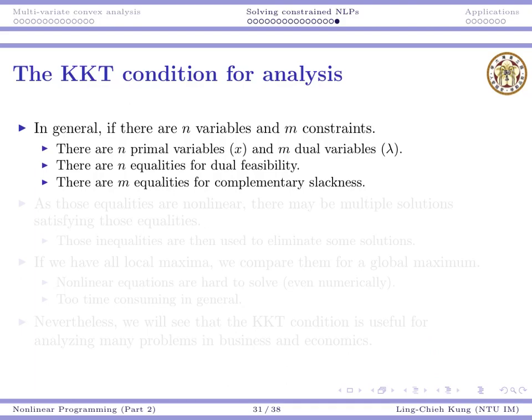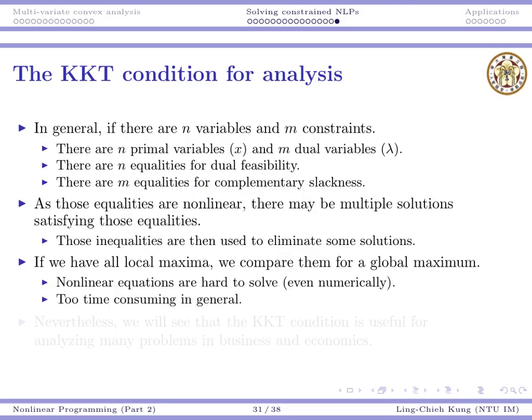In general, if there are n variables and m constraints, we will always have n primal variables and m dual variables. But we will have n equalities from dual feasibility, the first order condition of the Lagrangian. We also have m equalities from complementary slackness. So we always have enough equalities to solve for the variables.